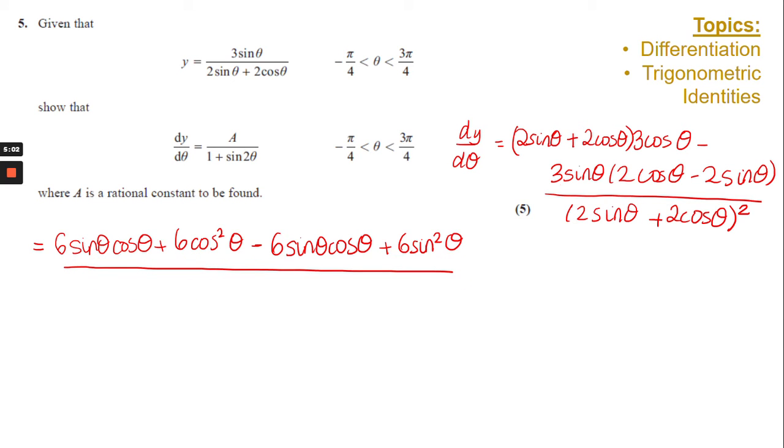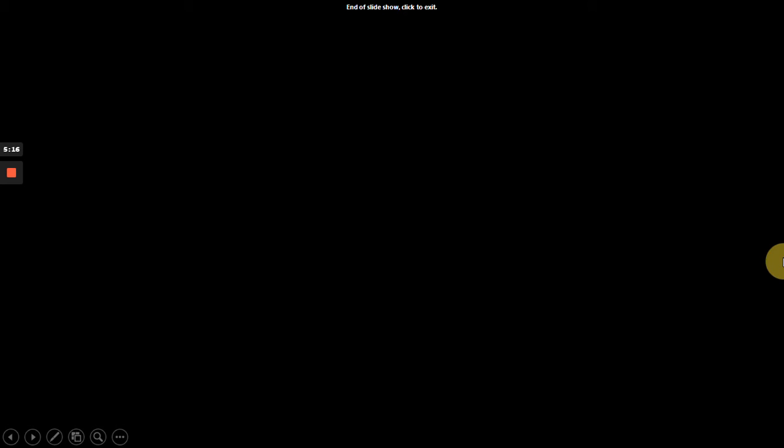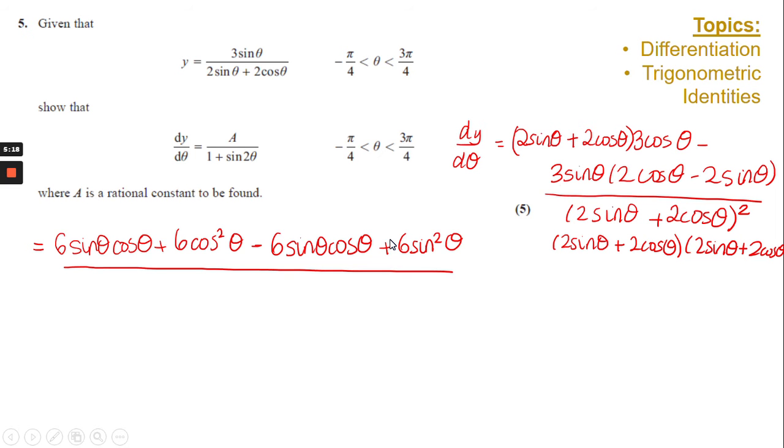multiply this out. When I multiply this out, don't forget it needs to be written as 2 sine theta plus 2 cos theta, all multiplied by 2 sine theta plus 2 cos theta. Just be careful when you multiply it that you're multiplying the whole bracket, one bracket with the other.